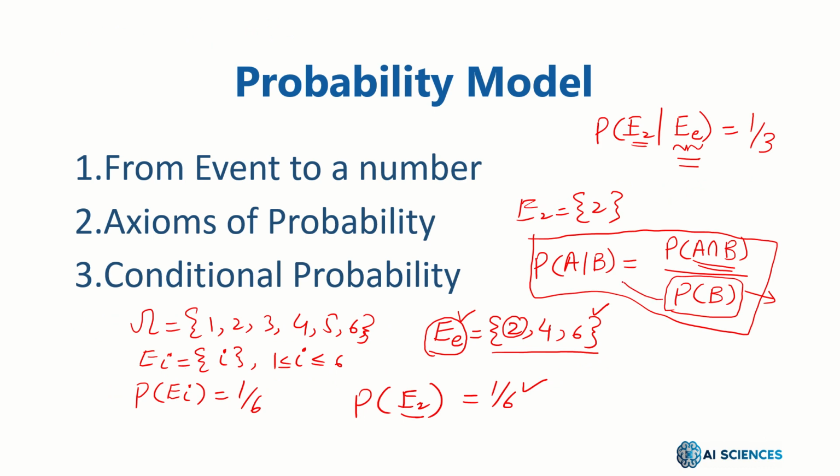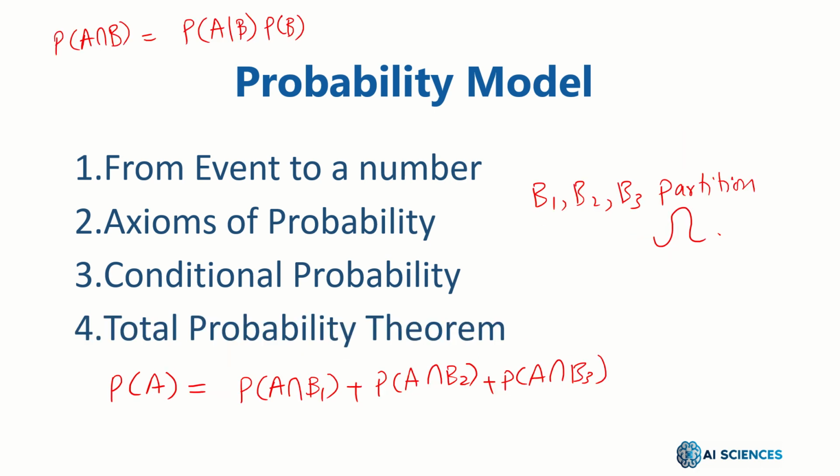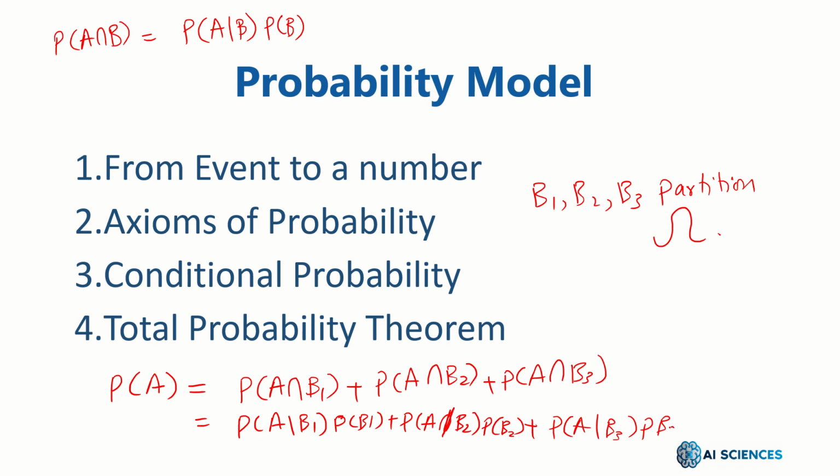If we just pull this B over here, we get A intersection B. And with that, this total probability theorem becomes probability of A given B1 times probability of B1, plus probability of A given B2 times probability of B2, and probability of A given B3 times probability of B3.